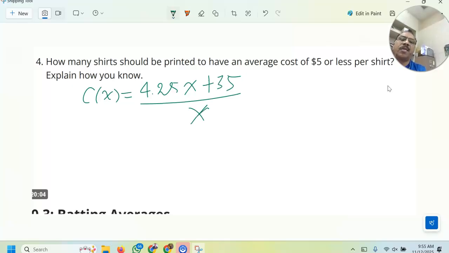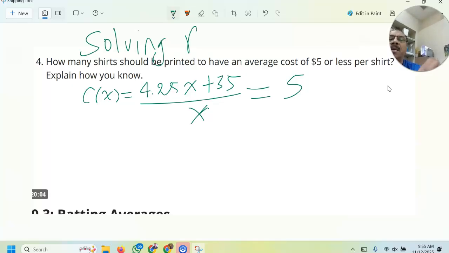So we want to know when this is going to be equal to 5. Let's put it equal to 5. And this is called solving rational equations.